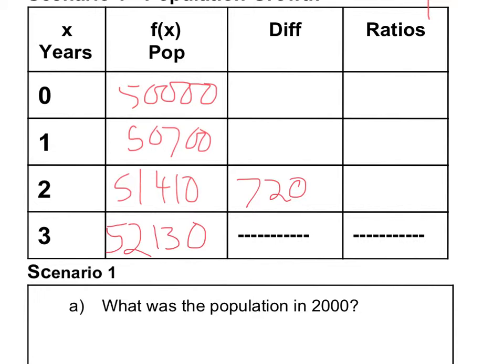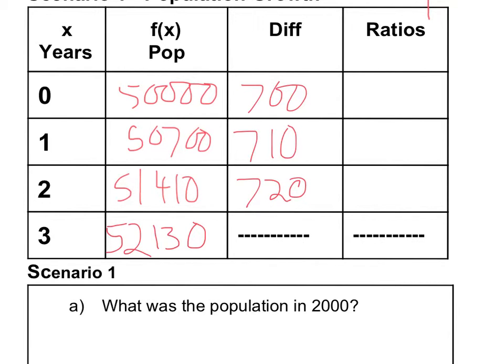Then 51,410 minus 50,700, which is 710. And then this is 700.